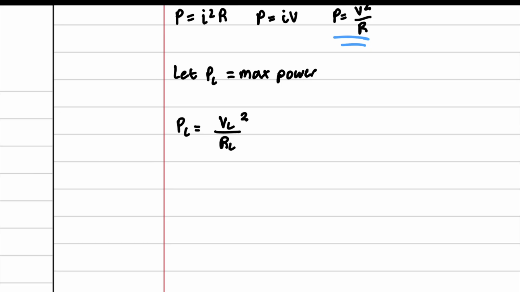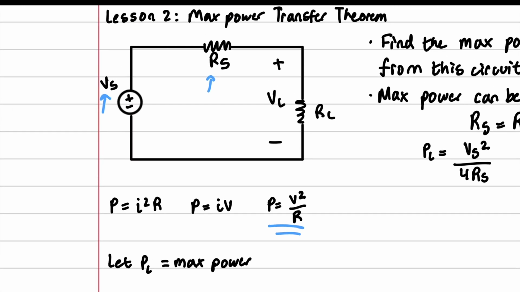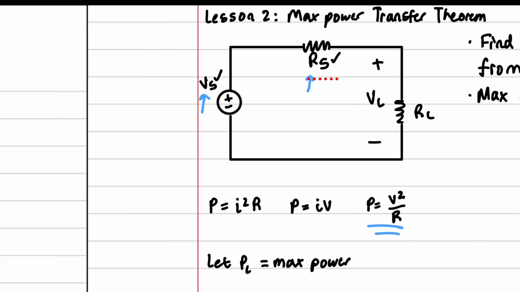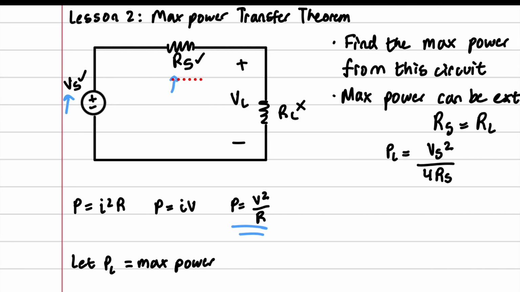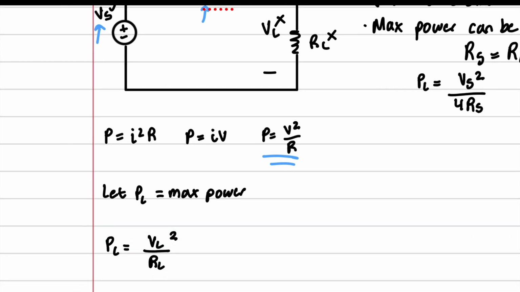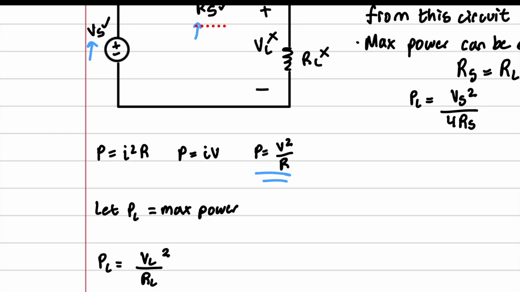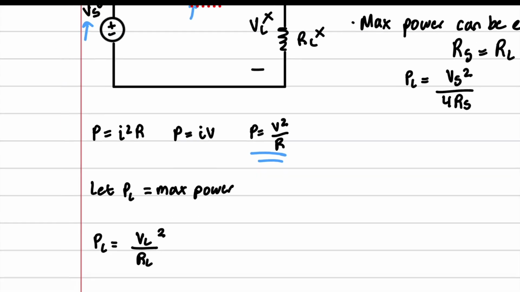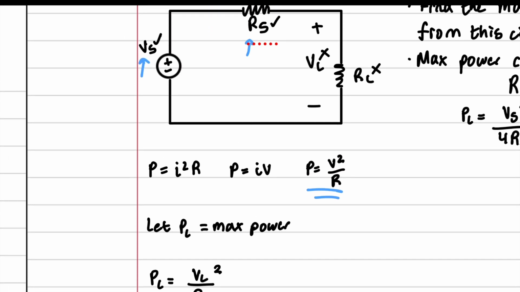Okay, well, the VL is squared. Now, the question is, well, this is known, this is known, this is not known, and this is not known. So how are we going to solve this? Well, we're going to have to reduce VL into something that we don't know and do know, okay? Can you think of a way to do that?